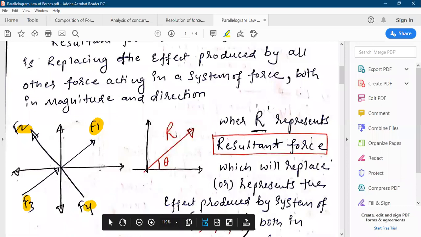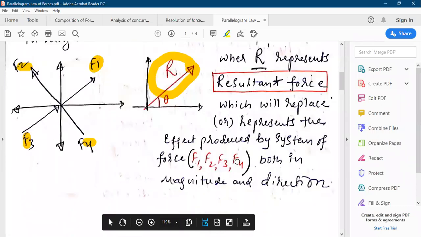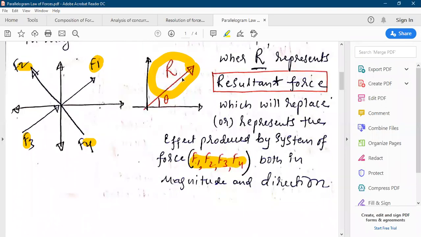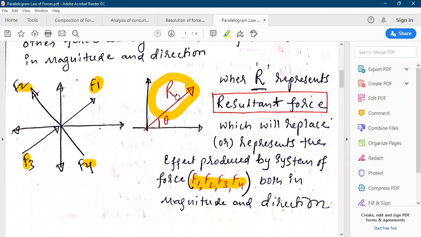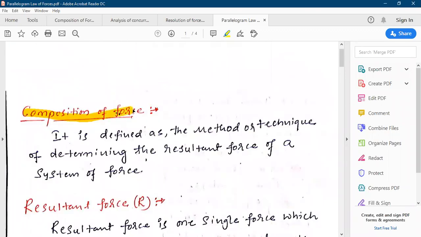All these forces can be replaced and represented as a single force which replaces the effect of all of them. That single force is called the resultant force. The method of finding this single force is composition of force.